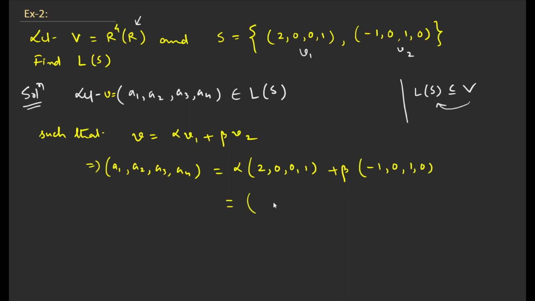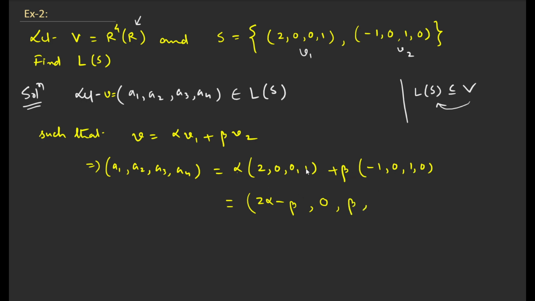Now we'll combine them. First element is 2 alpha, here the first element is minus beta. Then second element: alpha into 0 is 0, beta into 0, so the second element is 0. Then alpha into 0 is 0, beta into 1, so only beta will come.